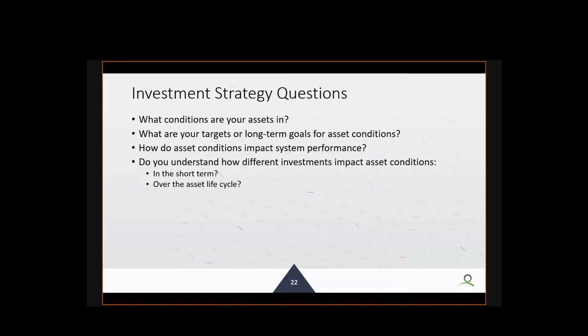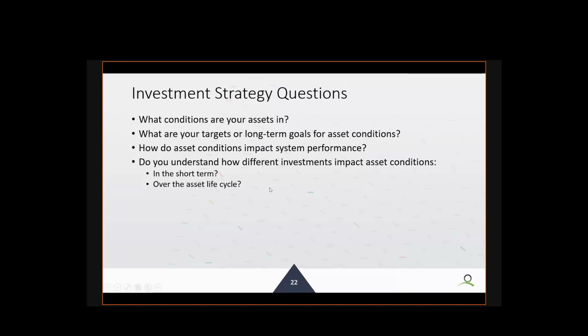Next question, thanks. So do you understand how different investments impact asset conditions? So now we're talking about work you do to pavements and bridges or other assets to maintain them or preserve them or replace them. Do you have a good understanding of if I invest so much in a given activity, what will that do for my asset conditions?